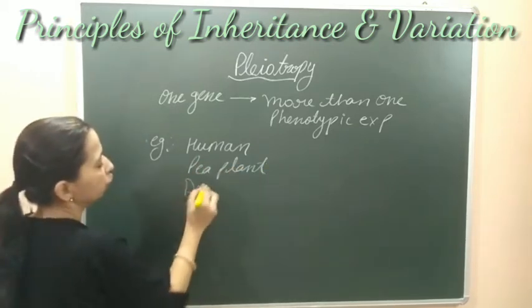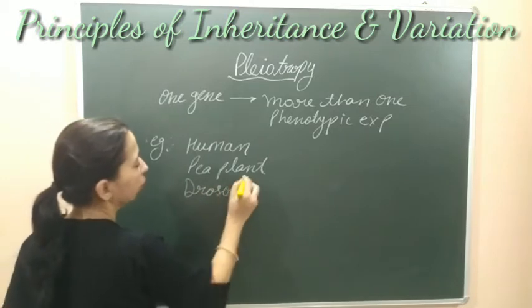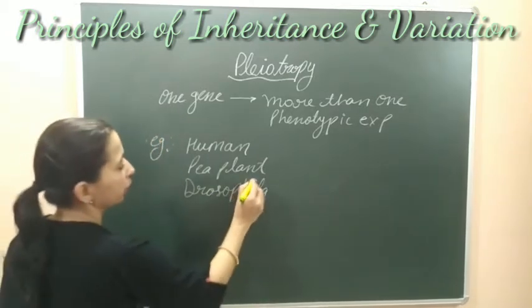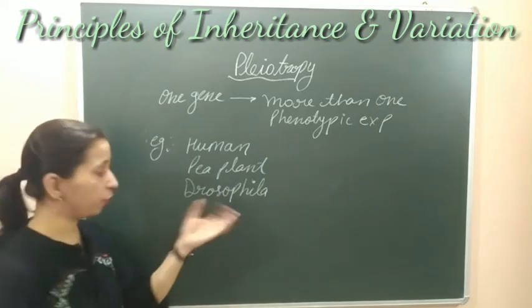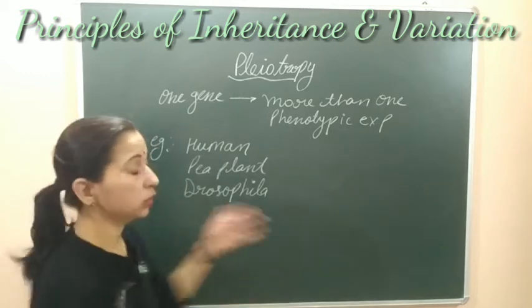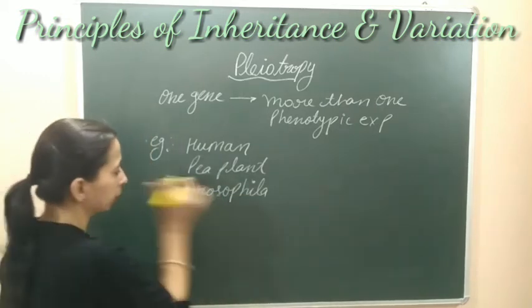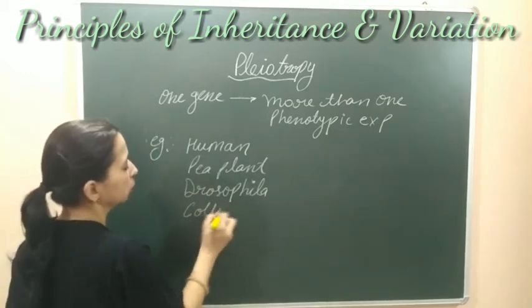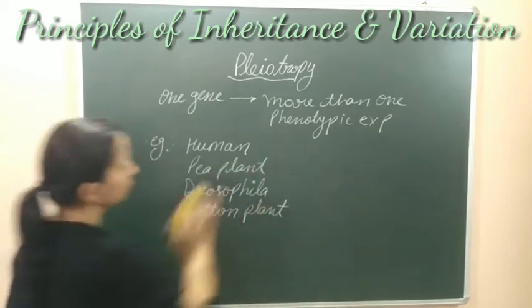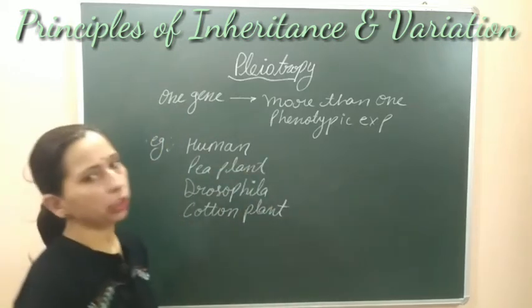Another example is Drosophila, which is also known as fruit fly. It's a very important organism which is used a lot in genetic experiments. The next example could be the cotton plant. So these are some examples in which we can study pleiotropy.